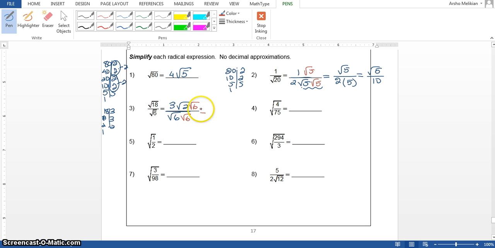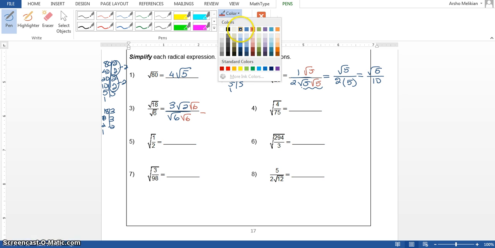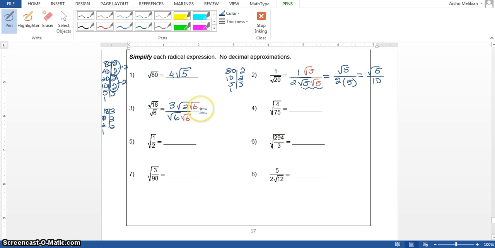So in the denominator, what will I get? 6. And in the numerator, 3 root 6 times 2 gives me 12. Now, I can simplify the root 12. Divide by 2, I get 6. Divide by 2, you get 3, and so on. So it's 2 root 3.